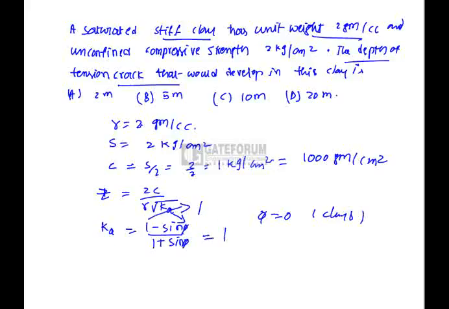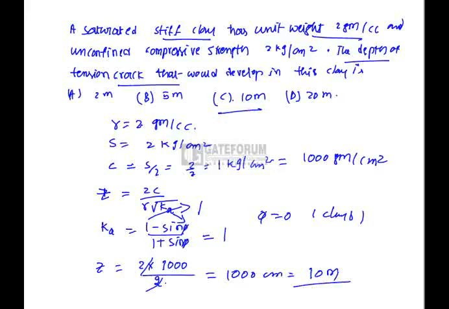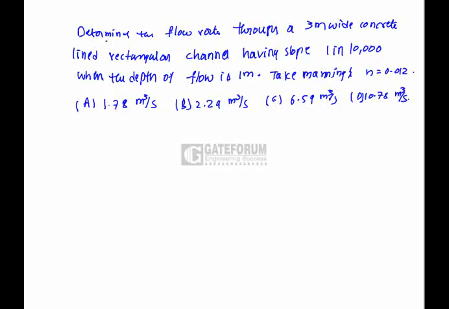So this term is going to be 1. Z is equal to 2 into c, 1000 grams per cc by gamma 2 grams per cc. So 1000 centimeters, that is equal to 10 meters. Option C is correct.